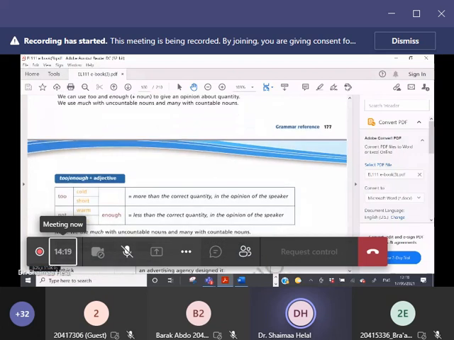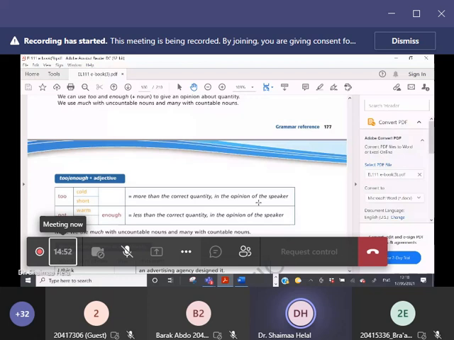Look at the example here. Too or enough plus adjective. It is too cold. What is the meaning of this? Too cold. It means more than the correct quantity in the opinion of the speaker, the one who is telling you the information.